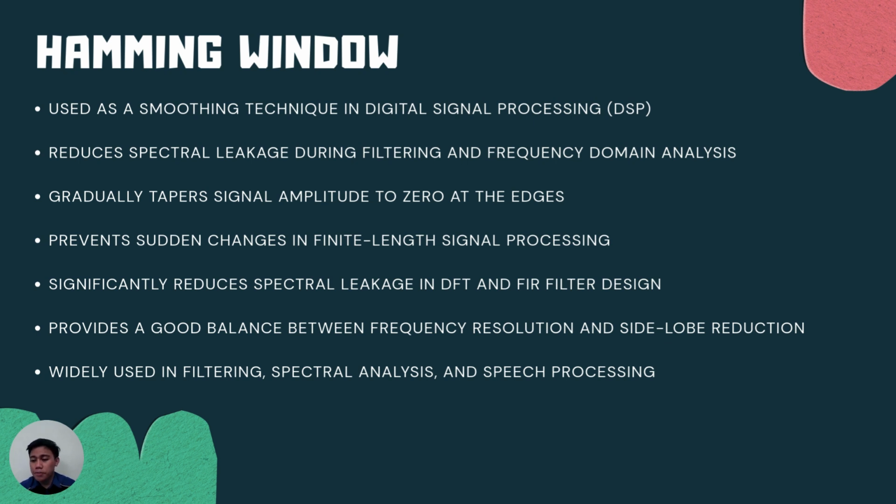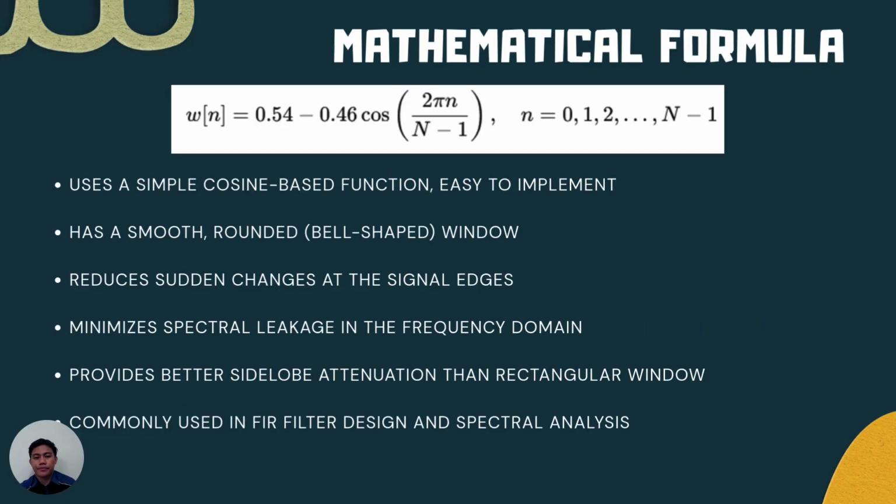So this part, the Hamming window provides a good balance between frequency resolution and side lobe reduction, making it widely used in filtering, spectral analysis, and speech processing. As you can see, we have 7 points.